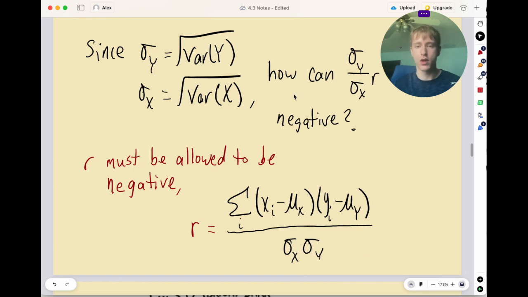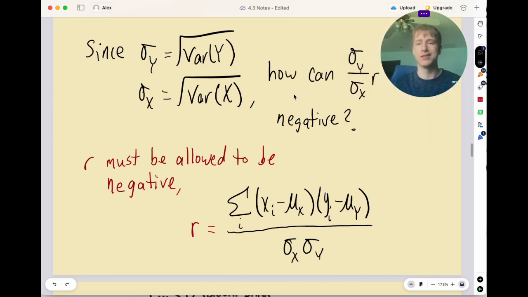These are square roots of things, which can't be negative. However, x sub i minus mu sub x, if this mean is fixed and you're subtracting a bunch of data, well, yeah, clearly that could be negative. And when you sum up a bunch of numbers, it's not guaranteed to be positive unless you square this. Okay, so there's actually a really nice theorem that I'm going to end this chapter off with.